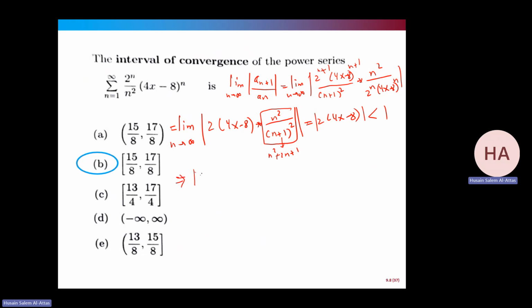So I have 8|x minus 2| less than 1. So I have |x minus 2| less than 1 over 8. So my interval, x minus 2 between minus 1 over 8 and 1 over 8, just fraction things. So x between what? 2, which is 16 over 8, so 15 over 8 and 17 over 8.